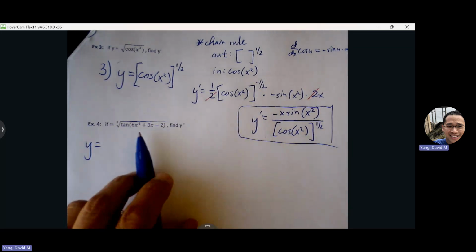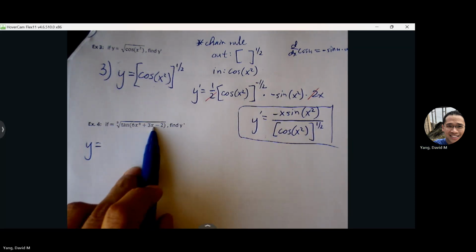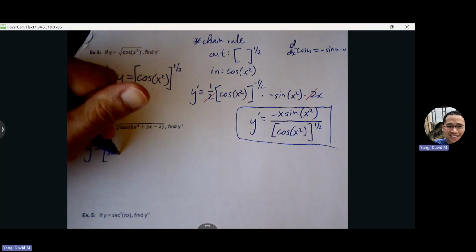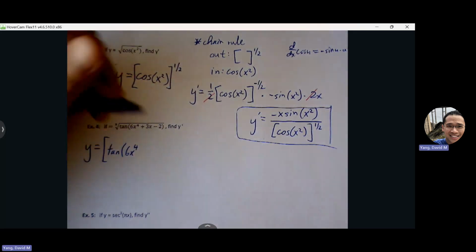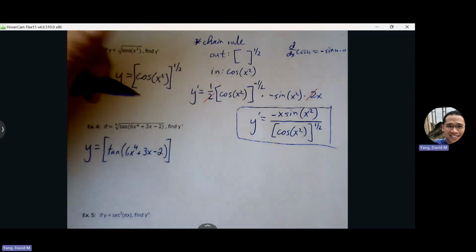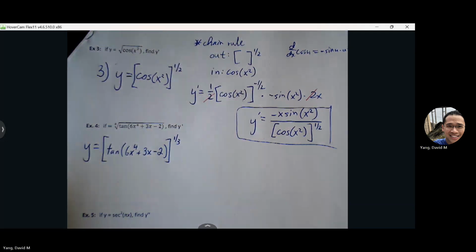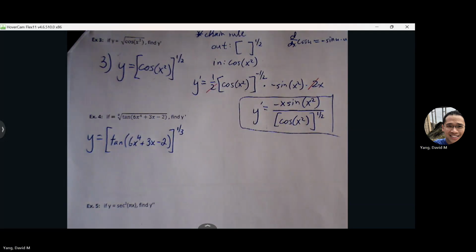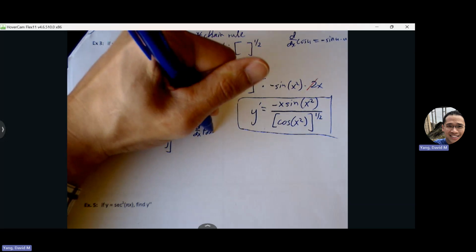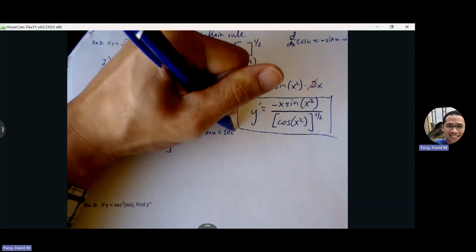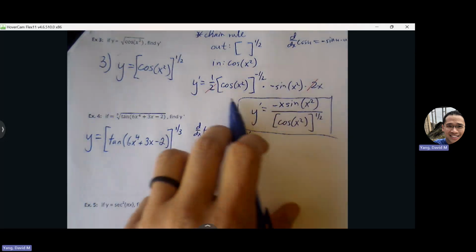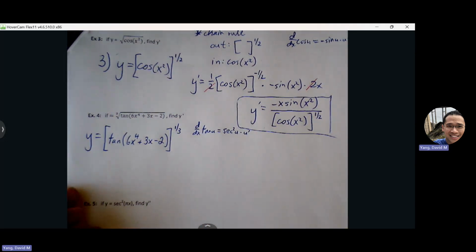Okay, number 4. What should we do first? Yeah, take out that 1/3. And again, what's involved with this problem? Chain rule. Yep, there is an outside and an inside that we have to resolve. As a reminder, the derivative for tangent of u is secant squared u times u prime. So see if you can follow the same pattern as number 3 and build out your derivative using chain rule.